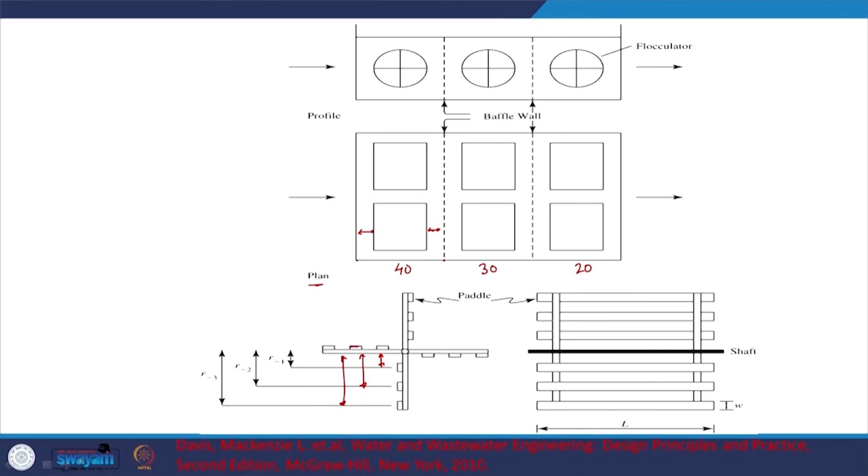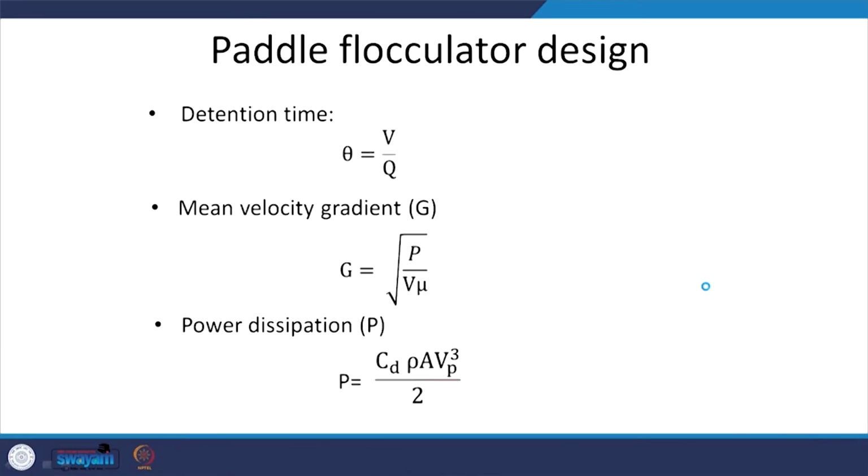I need the width and the length of these arms. So this is what we are going to design, but for that, what am I going to use? I know that theta equals V by Q. I can calculate V. I can calculate the level of mixing required. I know that G is 40 per second, the power that's required, the volume which I already have, and the dynamic viscosity which I already have.